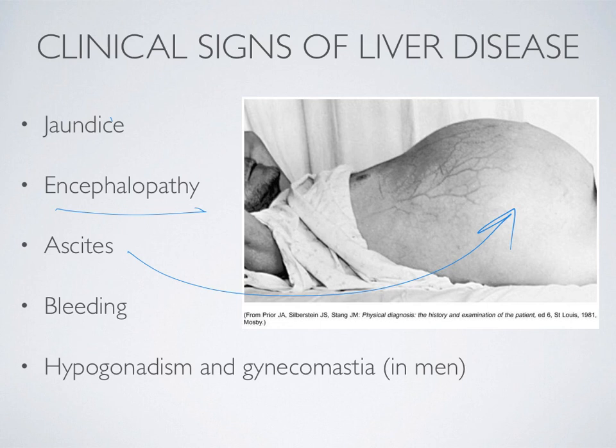Oh, so along those lines. If you decrease making proteins, including the clotting factors and albumin, decreased albumin and increased portal pressure is what leads to ascites. Decreased synthesis of clotting factors is what leads to bleeding, in addition to the portal hypertension and the varices.